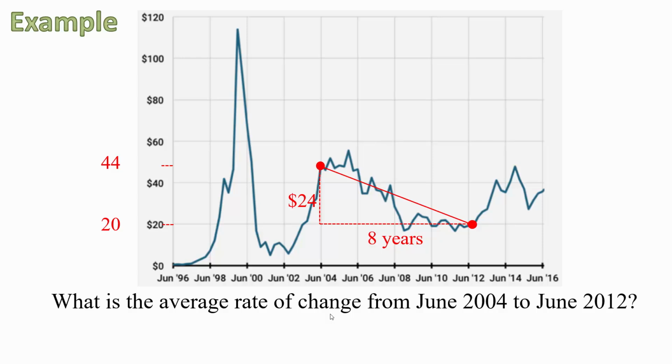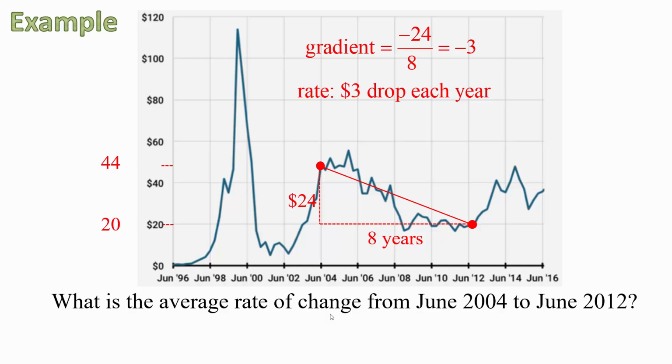Rise is $24, run is 8 years. The gradient of that straight line is rise over run, which is 24 over 8. Notice the negative because the gradient is negative. Comes out to be -3. That means the rate is a drop of $3 for each year. That means each year the value of the share price is $3 less.